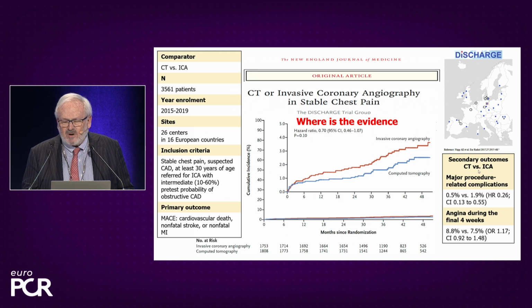What is also very impressive is the secondary outcome, because if you look at the major procedure-related complications, including diagnostic angiography, including everything, you have 1.9% of major procedure-related complications from the coronary angiography to the PCI to the bypass surgery. That's for the group starting with conventional angiography.